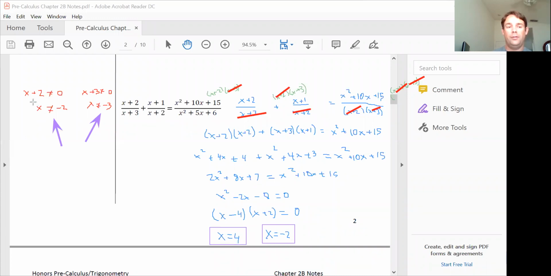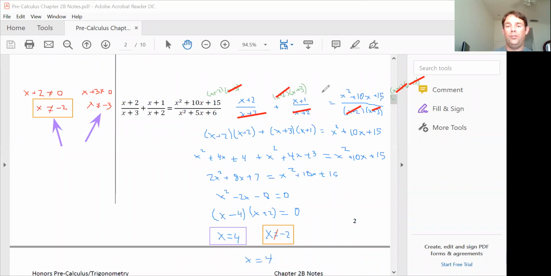Oh, wait a second. That was this one. We can't have that one. So it turns out that one is a bad answer. That means we have to exclude it. So our only answer here then would be x equals 4.